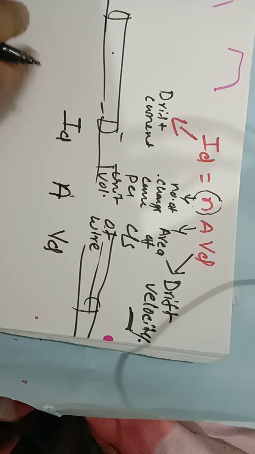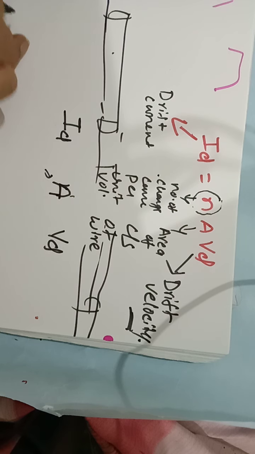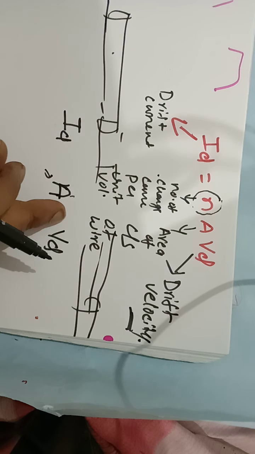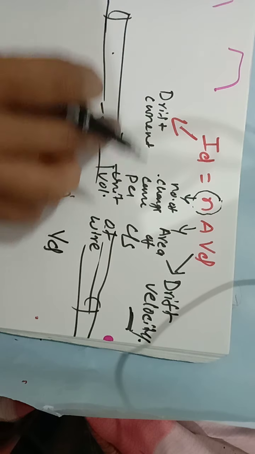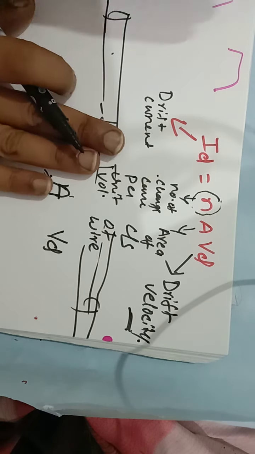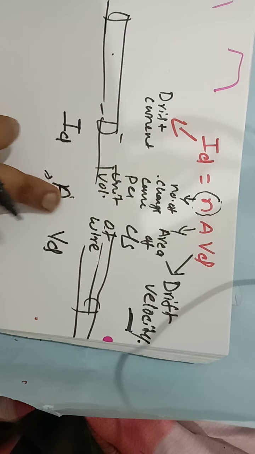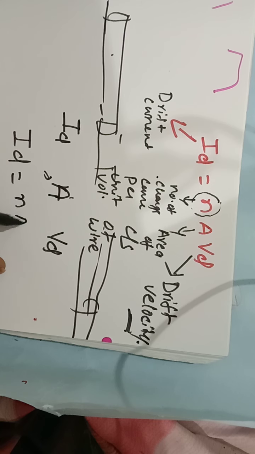For finding the relation between two, the third has to be constant. The area of cross section will also be constant for a particular wire. If one wire has been considered, the area is also constant. So Id is equal to NAVd.